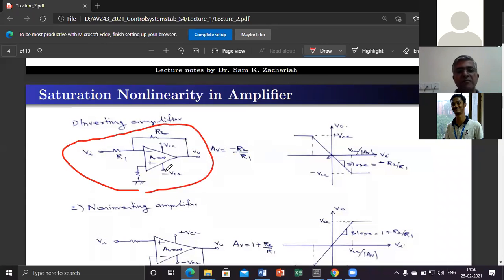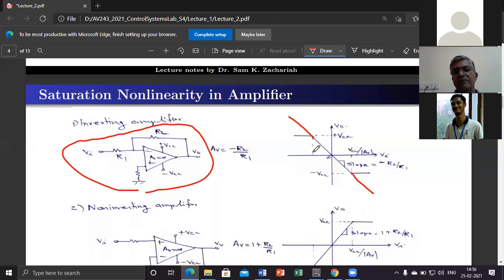But here I have stated it as a linear system. But you know that if the input voltage exceeds a certain range, what will happen? The output voltage will go beyond plus VCC or minus VCC. If it was a perfectly linear amplifier, we should have been able to extend this straight line to infinity.